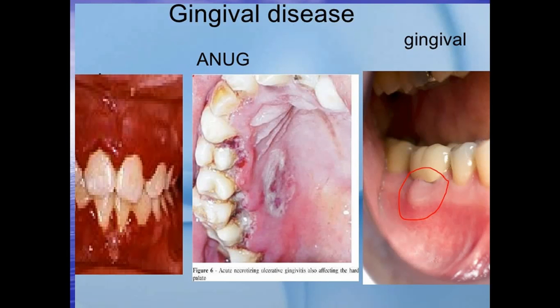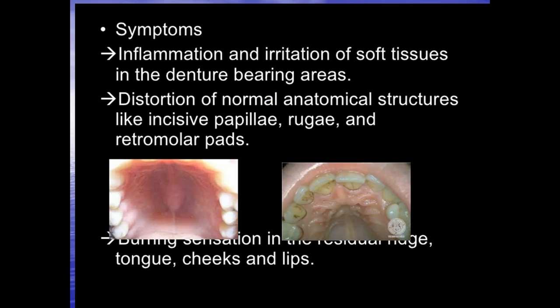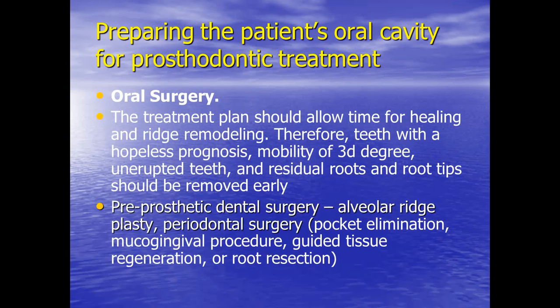Okay. Gingival disease, help of periodontist. Conditioning of abused and irritated tissues. This is more for the removable dentures. However, we also mention this as we won't come back to this preparing of oral cavity in next semester again. So you will use this information for the next semester as well.